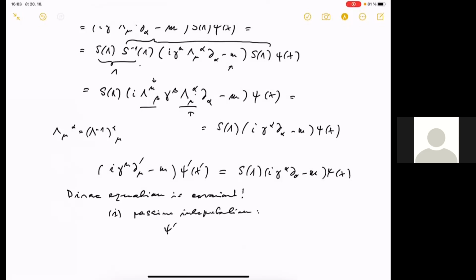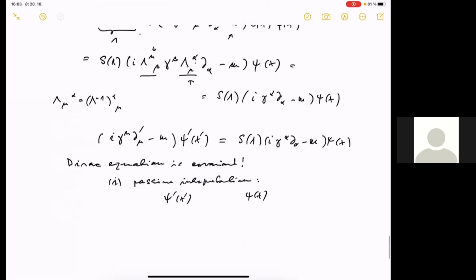Simply psi prime x prime is the solution of the Dirac equation in the primed frame, and psi x is the same solution but in unprimed inertial frame.